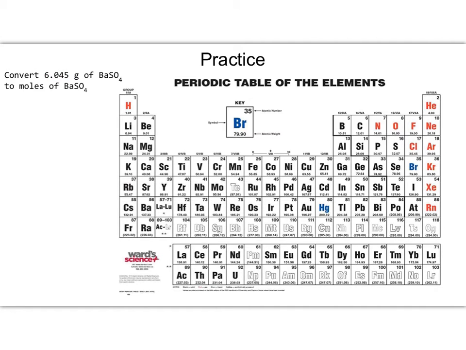We've got barium, which is 137.3, plus sulfur, which is 32, plus oxygen. Oxygen is 16, remember, times 4. So 16 times 4 is 64. So let's add all that up. 233.3 grams. That's the mass of 1 mole.